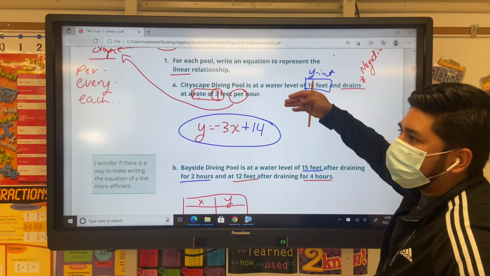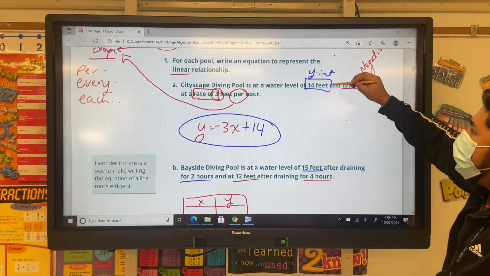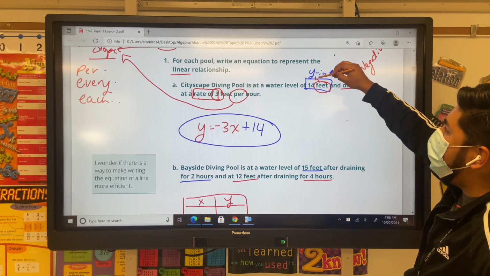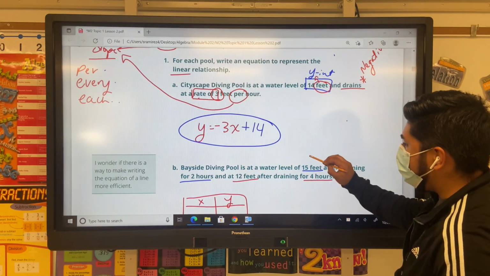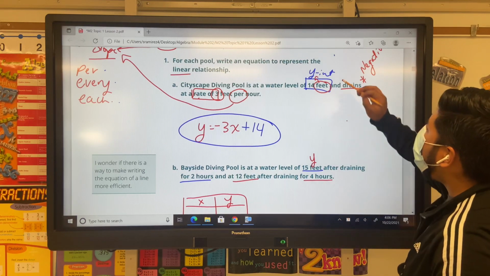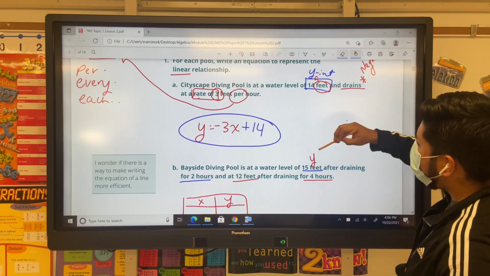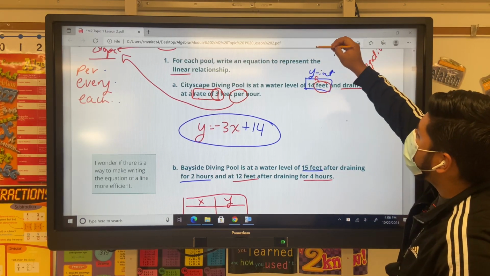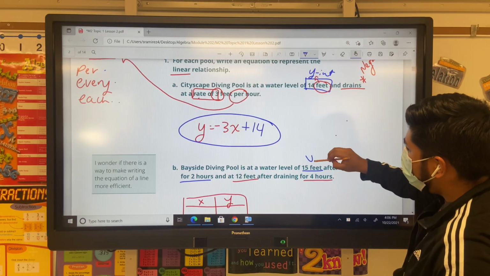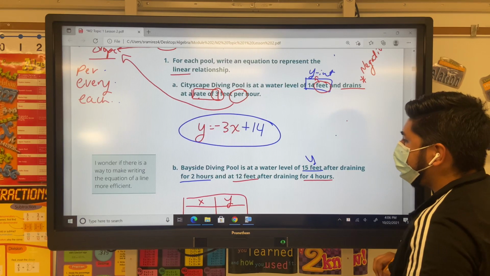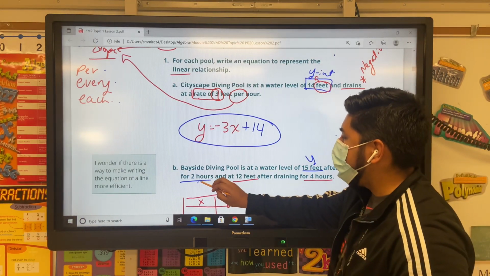Now you might be asking, well, which one do I know is x and y? I'm going to refer to the previous statement. We labeled feet as y. So when I come down here, I'm also going to label feet as y. Let me change that color real quick because I'd rather have it the same. Feet is y. Hours is x.